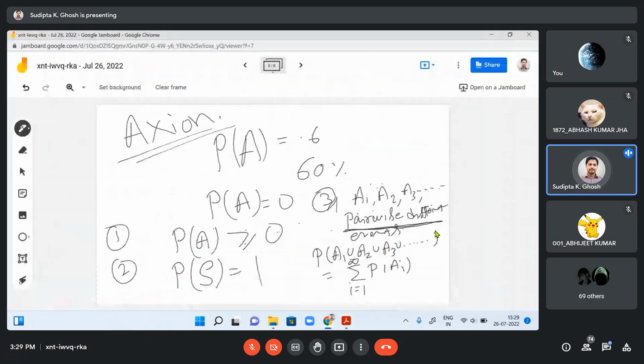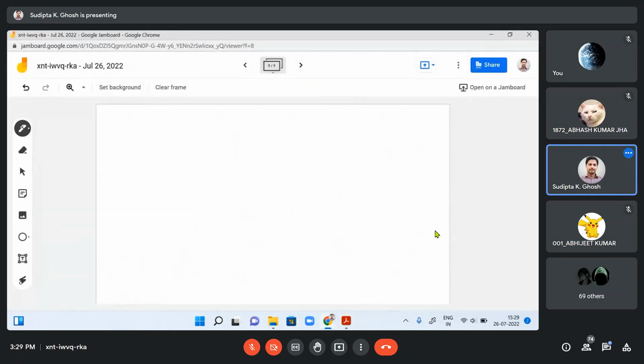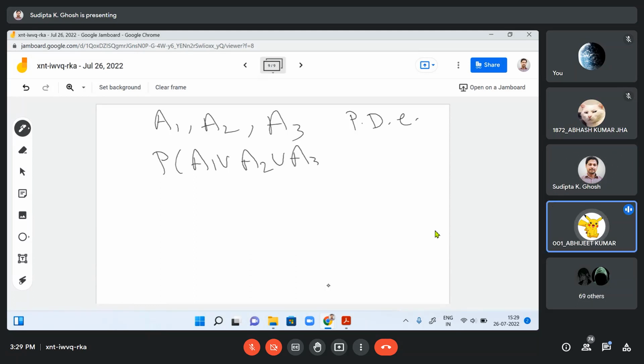So now I am asking, suppose A1, A2, A3 are pairwise disjoint events, PDE in short. What is this value? Can anyone tell me? 1.